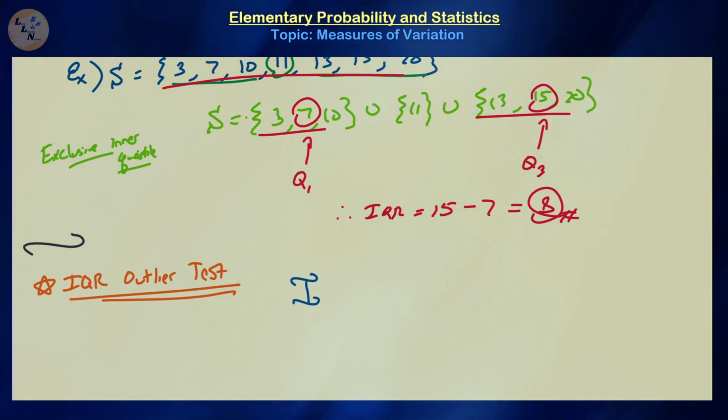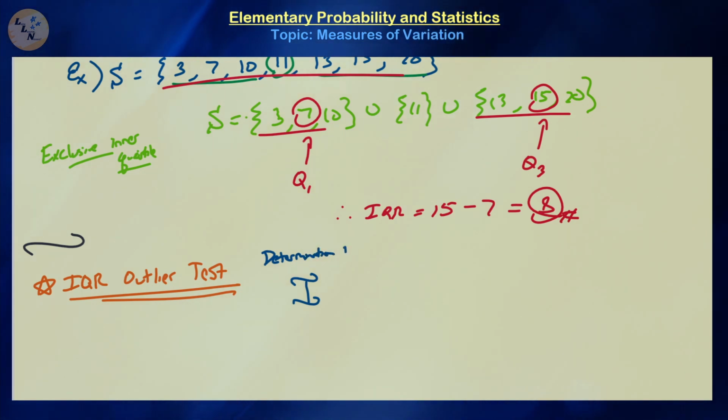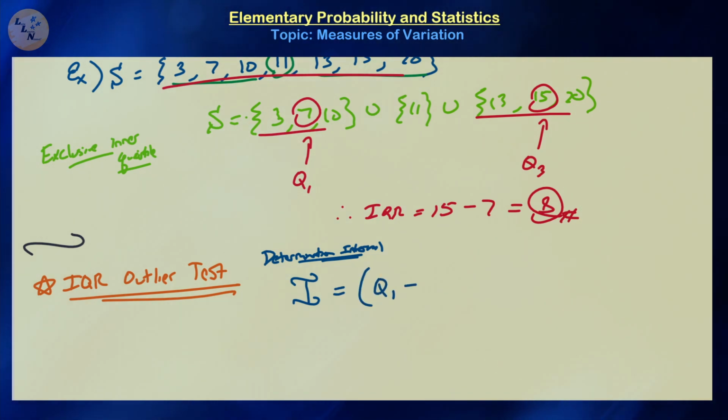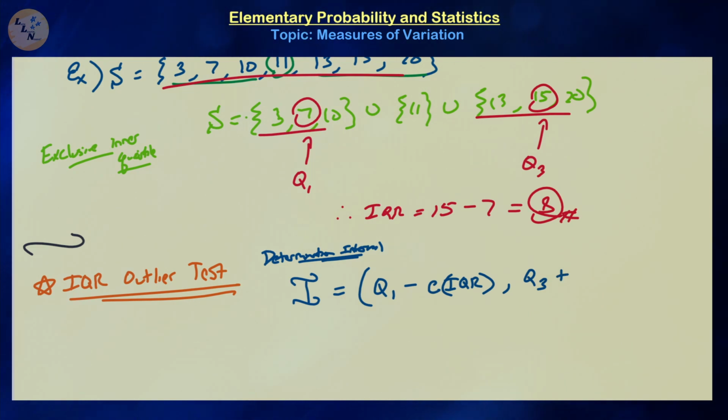The determination interval, which I'm going to abbreviate by fancy letter I, is defined to be equal to Q1 minus C times the IQR, and then Q3 plus C times the interquartile range.